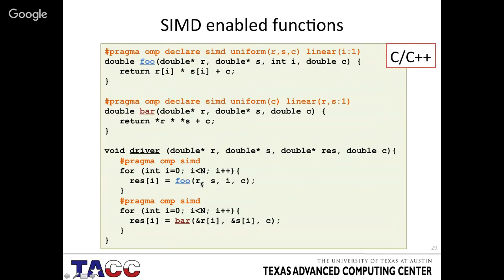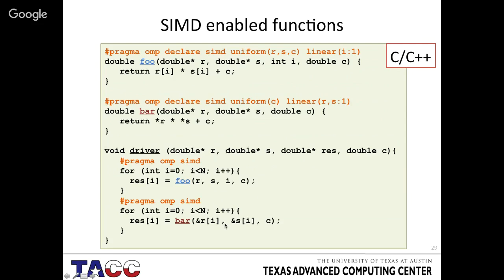Then whether I pass a single value here and increment it as an array, or whether I pass an address here, I can specify that these are vectorizable functions no matter how you use these arguments.